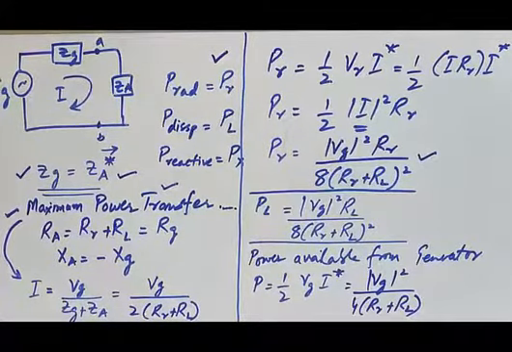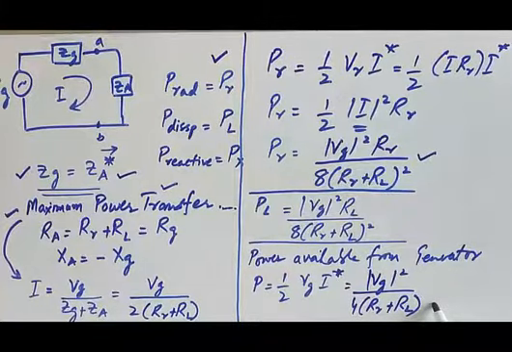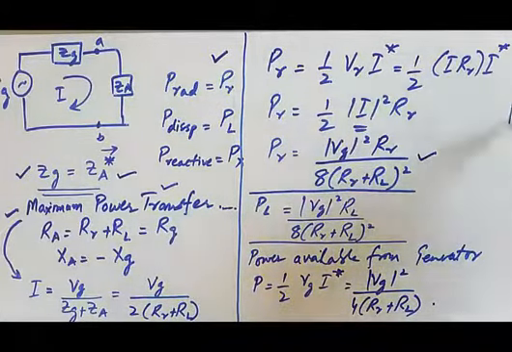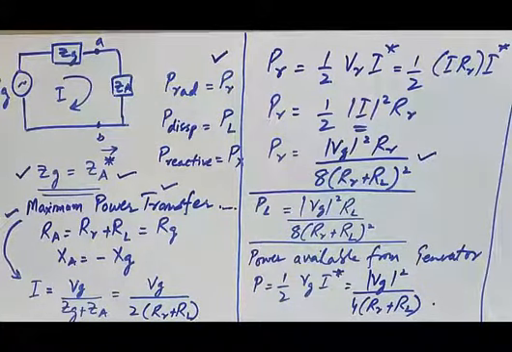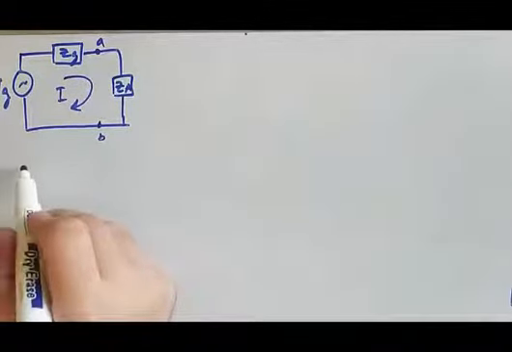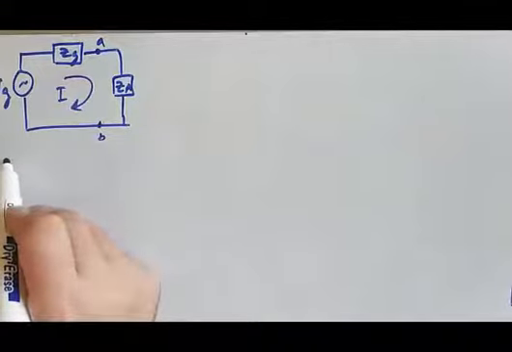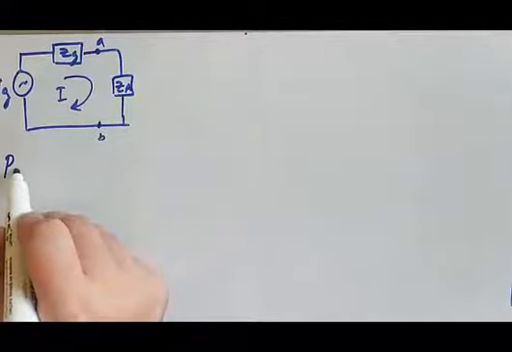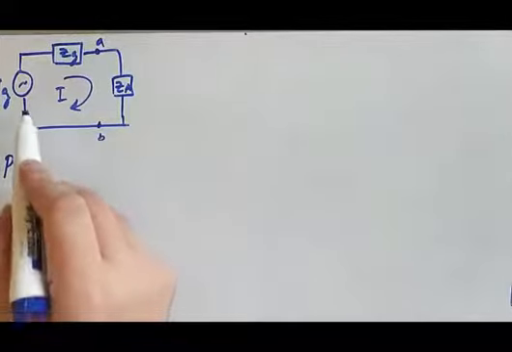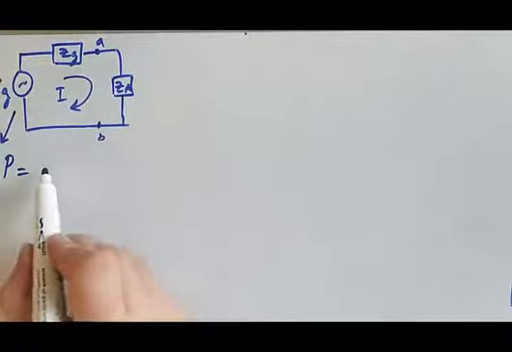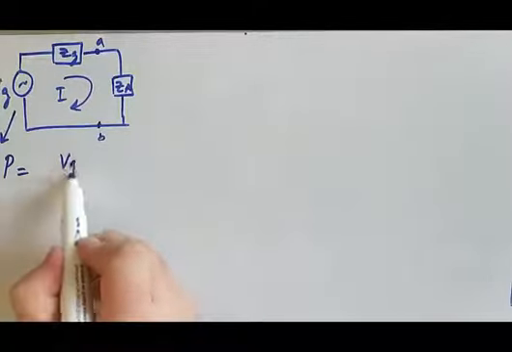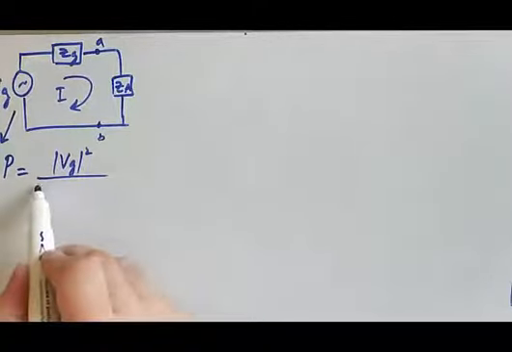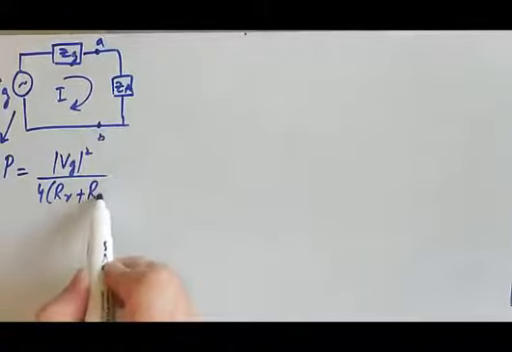It is going to get clear very soon, so don't get confused about it. We are going to cover it easily in a while. Let me rewrite the power available from the generator, which is Vg magnitude square divided by 4 times (Rr plus Rl).